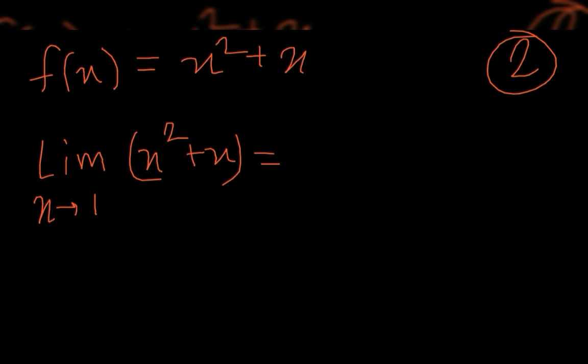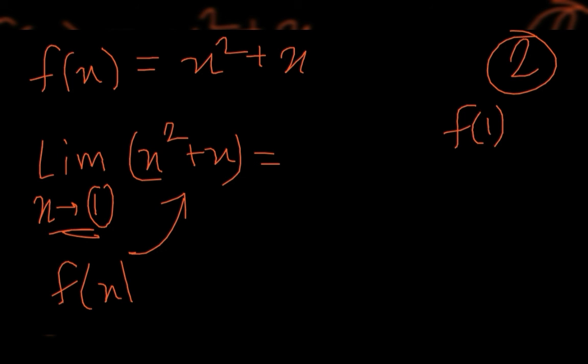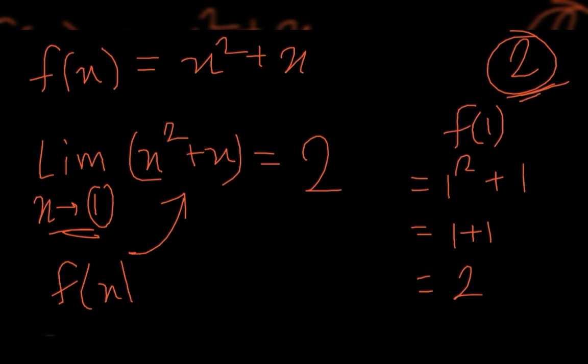This is my f of x, so I have to find f of 1, because here a is 1. f of 1 is nothing but 1 squared plus 1, that is 1 plus 1, that is 2, so this should come 2. See, the answer is 2 only, matched.